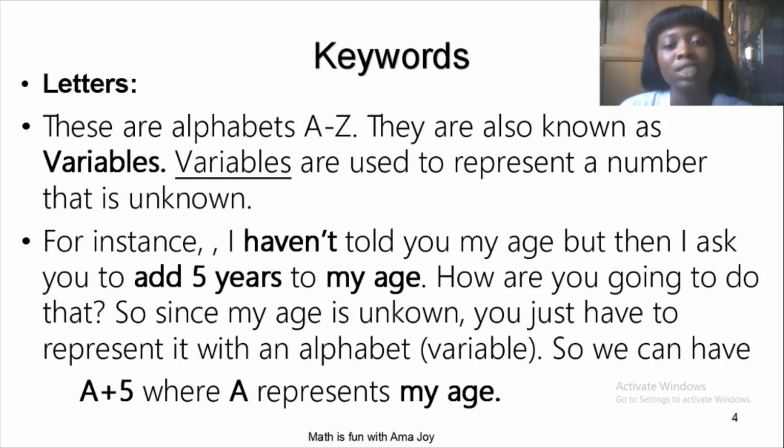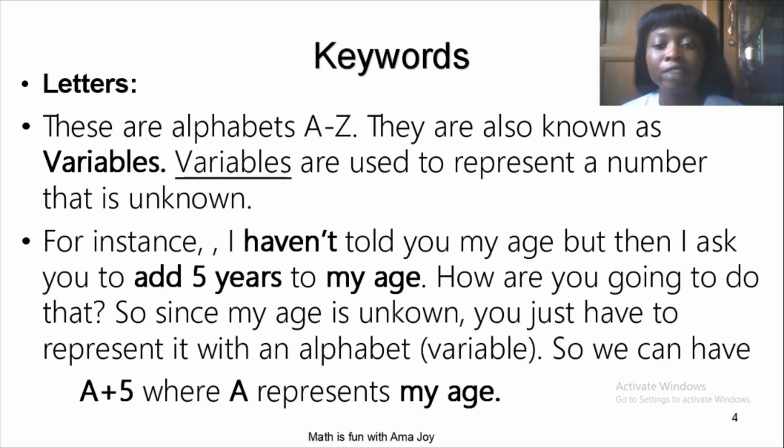For instance, I haven't told you my age, but then I walk in and ask you to add 5 years to my age. In English sense, it's impossible because you don't know my age. But in mathematics, you just need a variable to represent my age. Hypothetically, imagine it to be X. So you represent my age with an X, then you add 5 years to it because that's what I asked you to do.